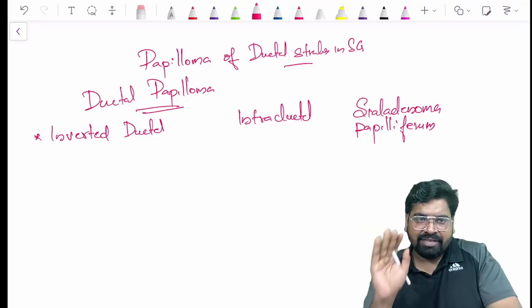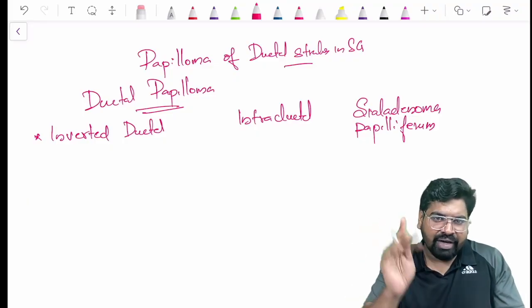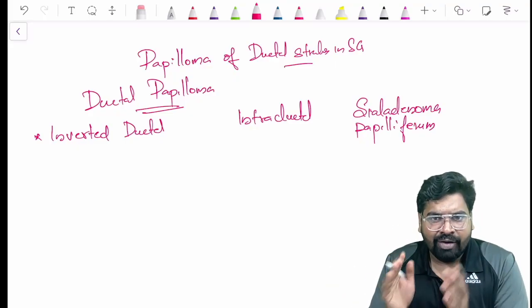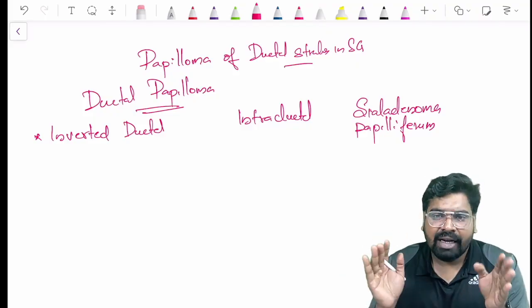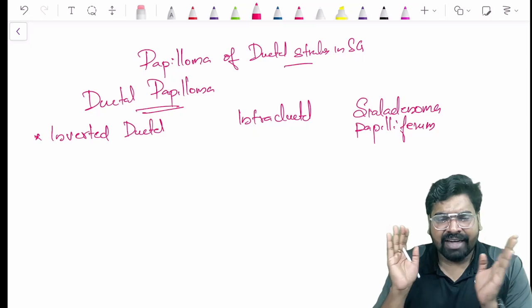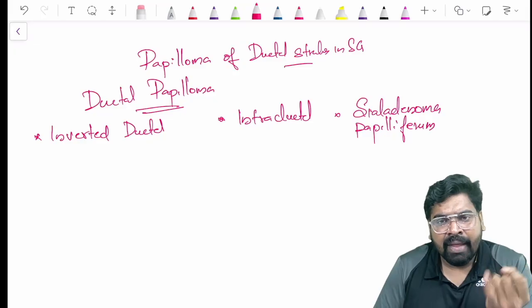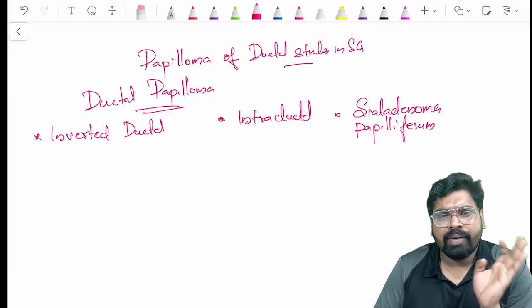Just listen carefully once, and you don't need to read it again. So there is a category of benign salivary gland tumors called ductal papillomas, and there are three entities in it: inverted ductal, intraductal, and Sialadenoma papilliferum.